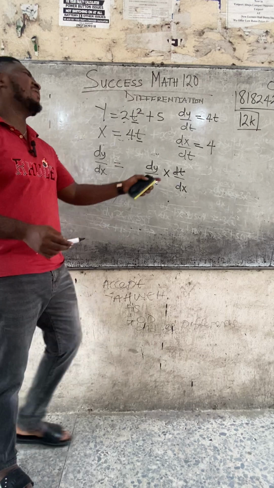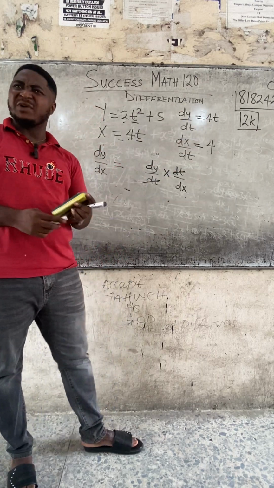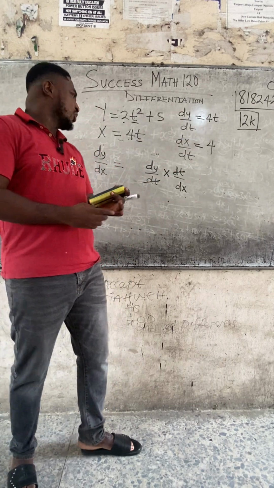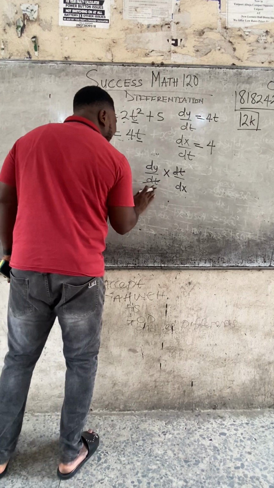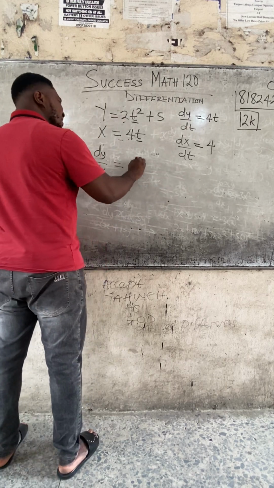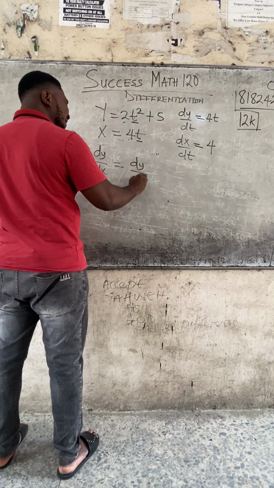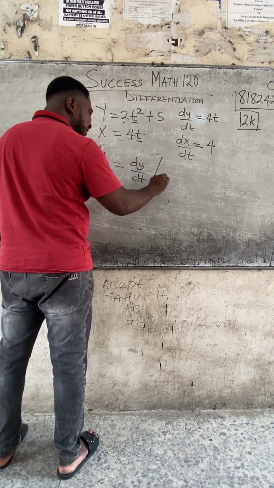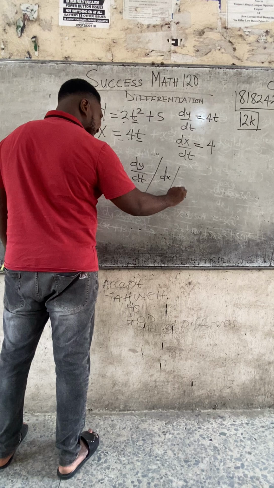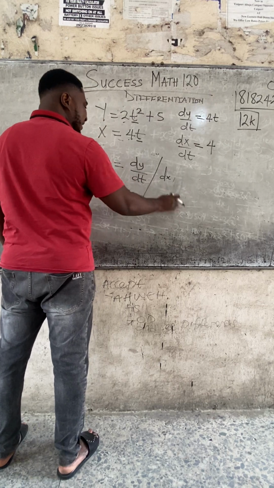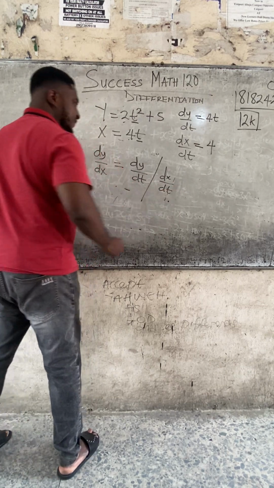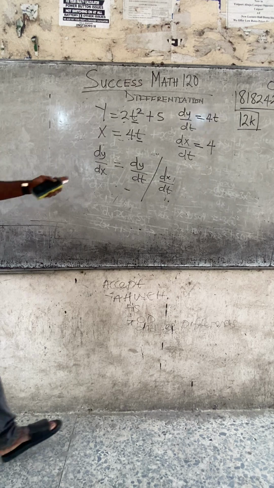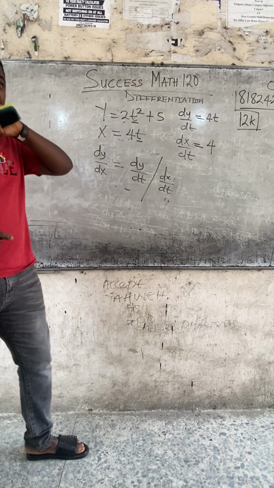So we have proven that if we divide dy/dt by dx/dt, we have dy/dx. Note, for parametric differentiation, dy/dx is dy/dt divided by dx/dt.